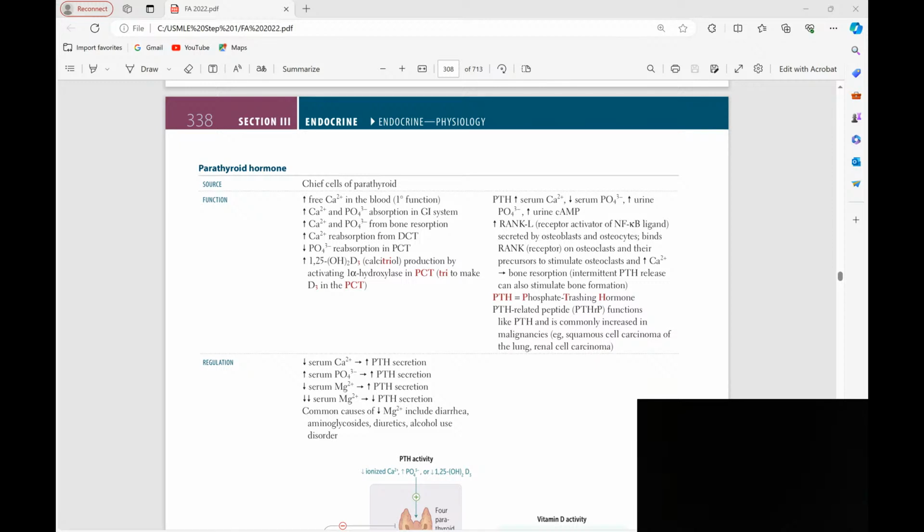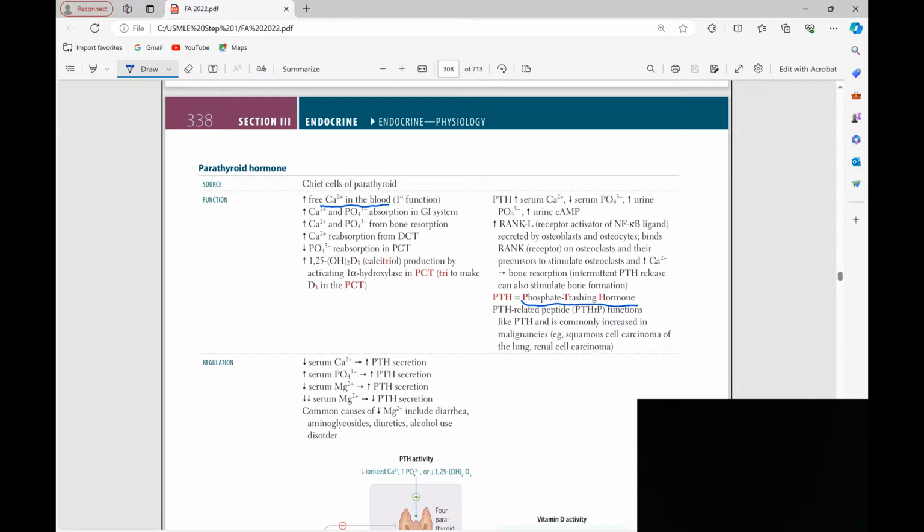Parathyroid hormone is a phosphate tracing hormone, that means it will remove phosphate, first thing. And the other primary function is calcium reabsorption or increasing free calcium in the blood. If we remember just these two things, then we can go with any regulation or anywhere we can study this.